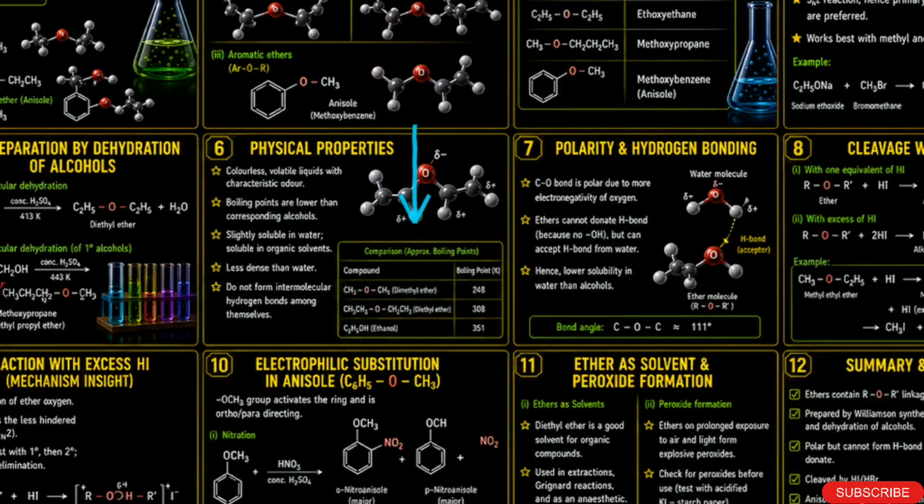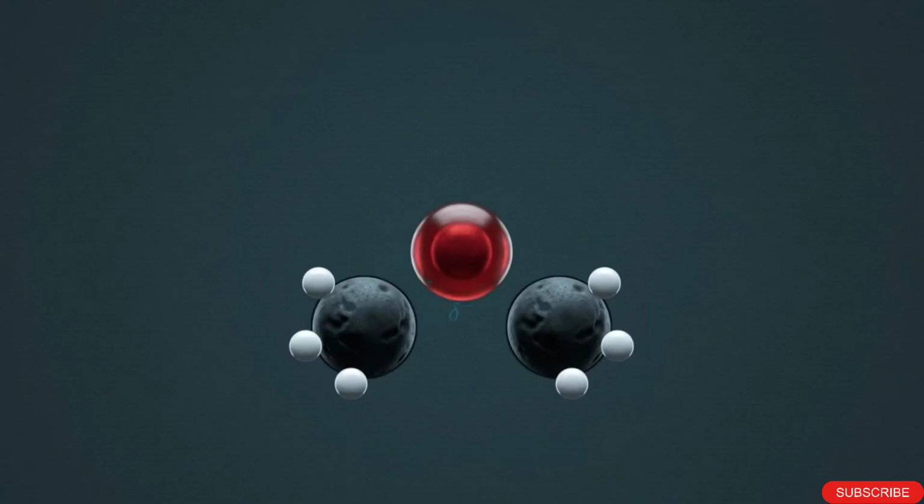This comparison table shows exactly how that isolation plays out in the physical world. Notice the massive gap in boiling points. Dimethyl ether boils at a freezing 248 Kelvin, while ethanol, an alcohol of similar mass that can hydrogen bond, doesn't boil until 351 Kelvin. There is one exception to this isolation.